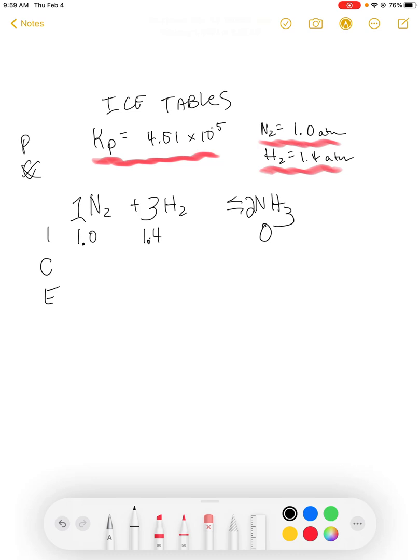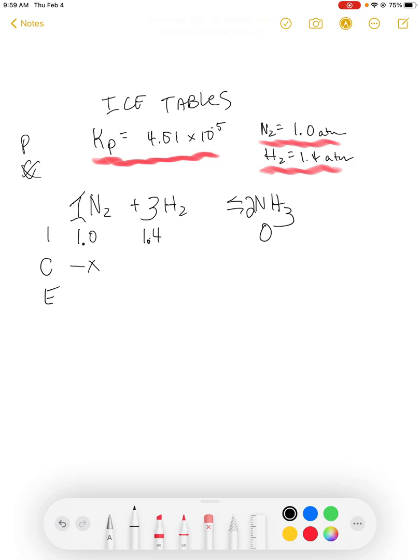Now, we need to think about what the change is going to be. That's what the C stands for. So we're going to do everything in terms of nitrogen. This is going to go down by some amount, and let's just call it X. You can call it whatever you want, but it makes sense just to call it 1X. If you want to call it 12X, go ahead, but that's going to muddy the whole system.